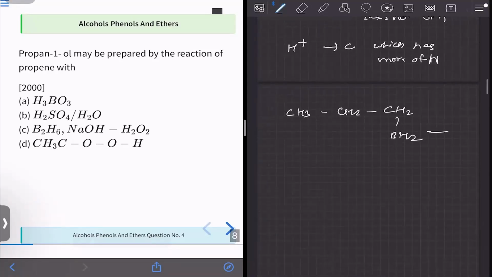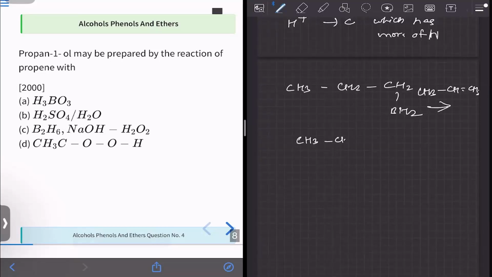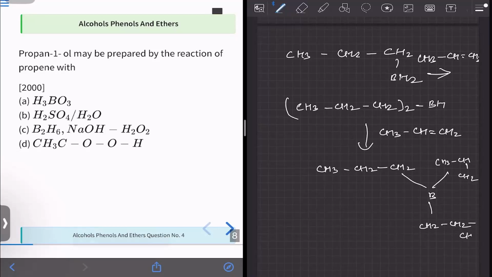And it further reacts with CH3CH=CH2. It produces (CH3CH2CH2)2BH. And further reaction with CH3CH=CH2 produces (CH3CH2CH2)3B.